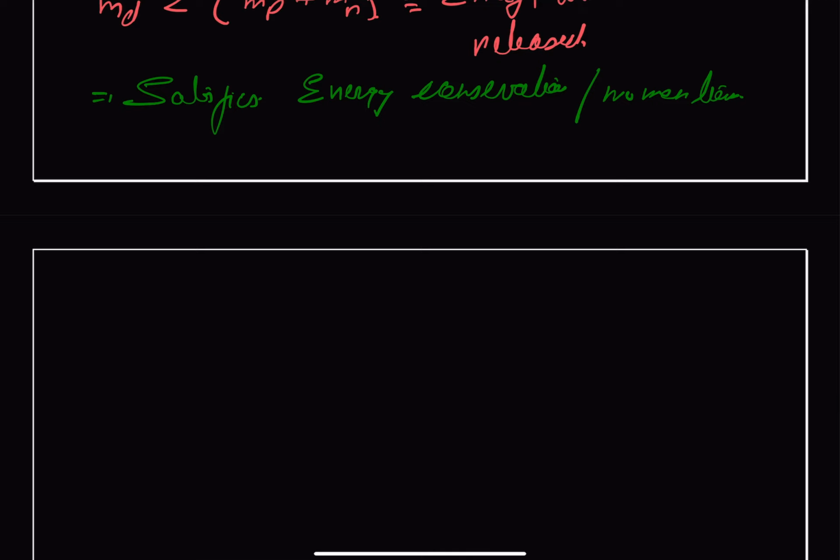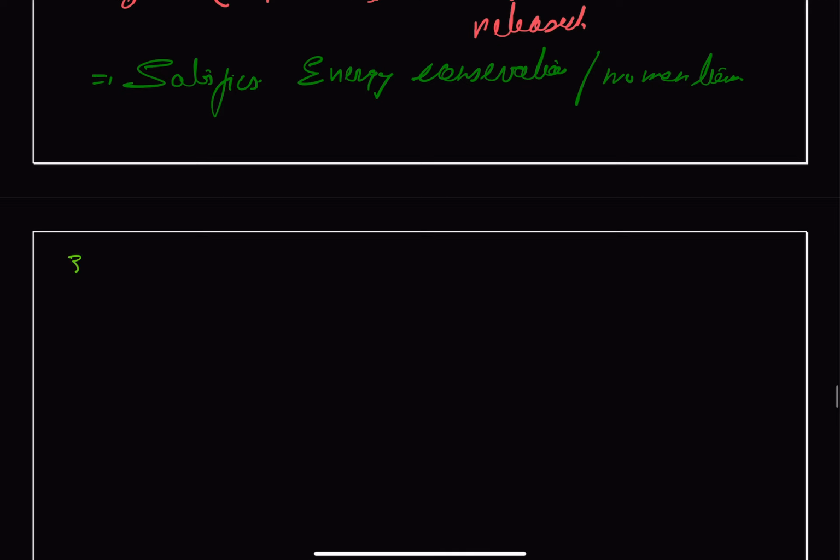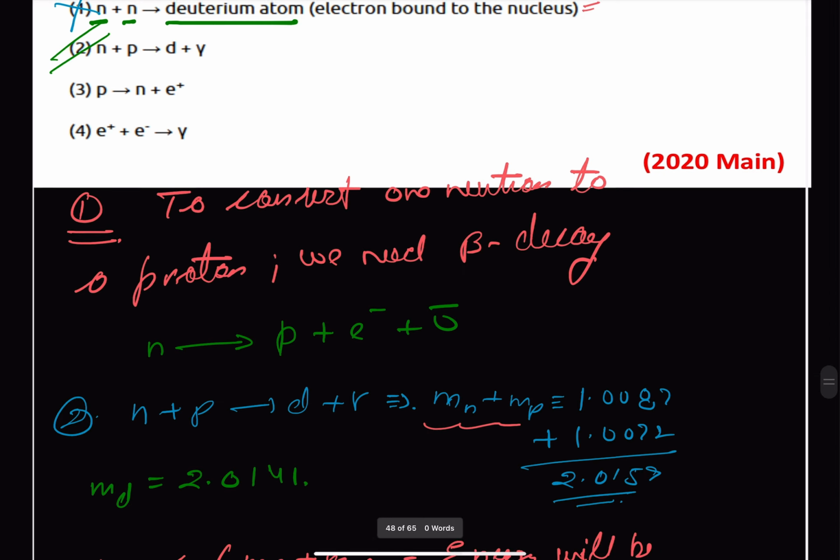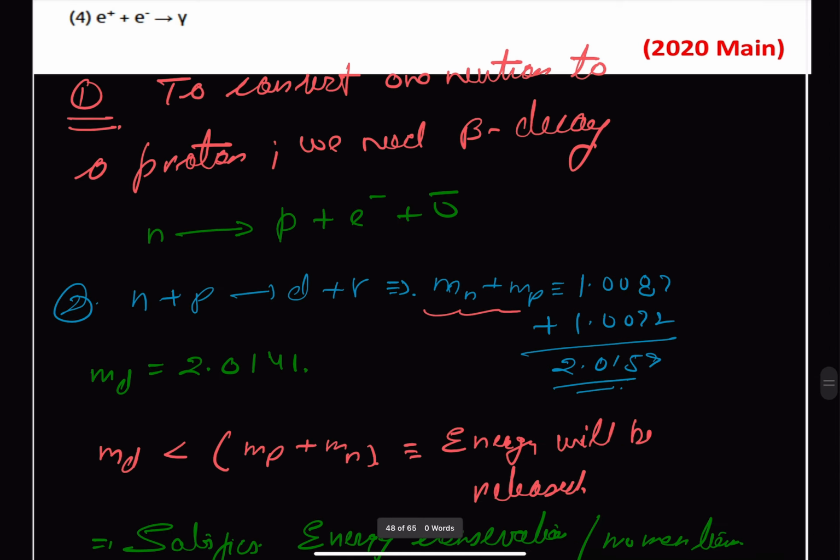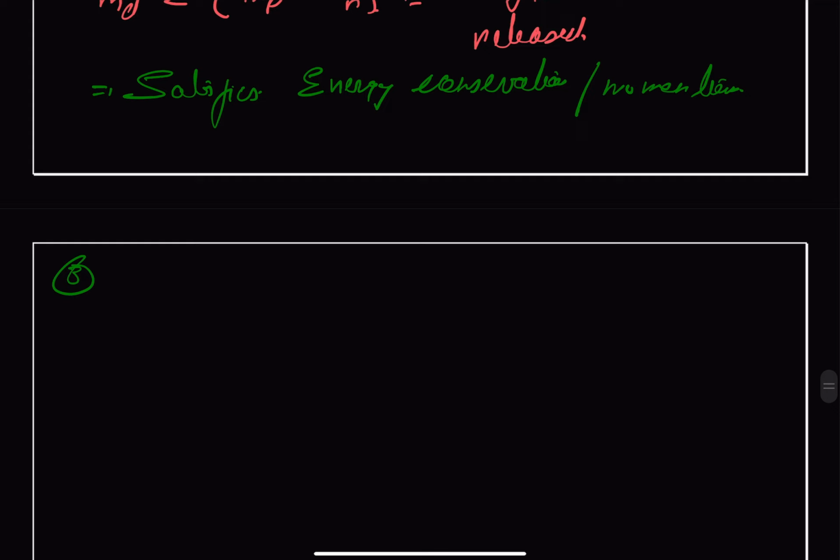And we come to option 3, and option 3 gives us proton giving neutron plus E positive.